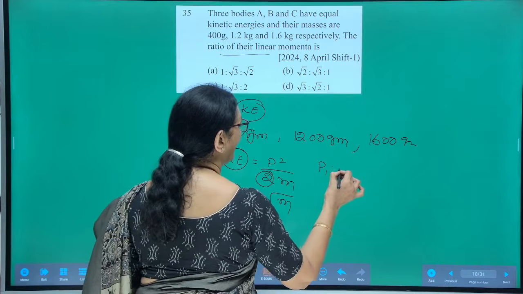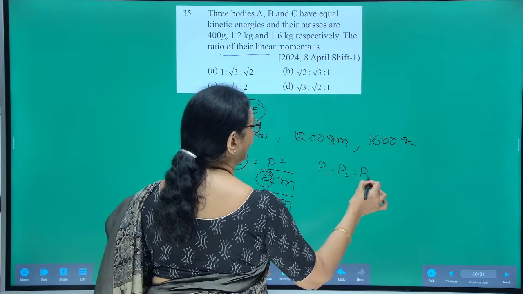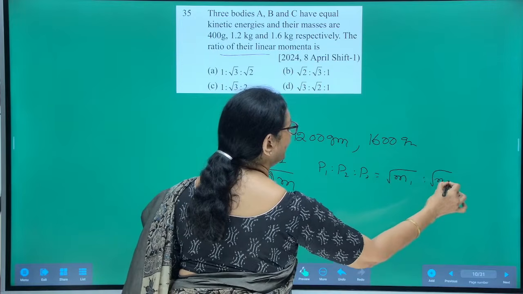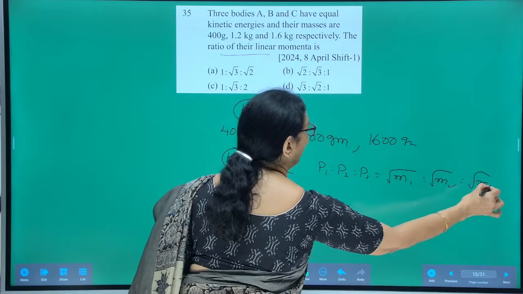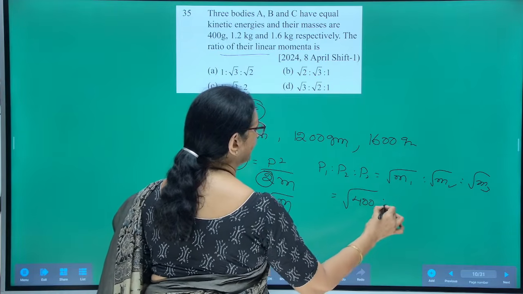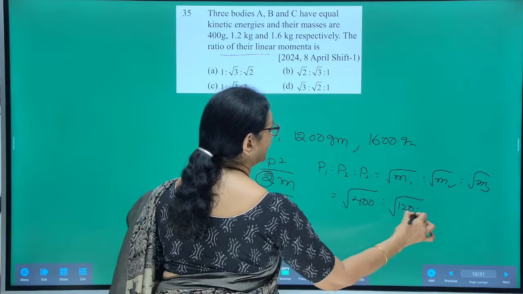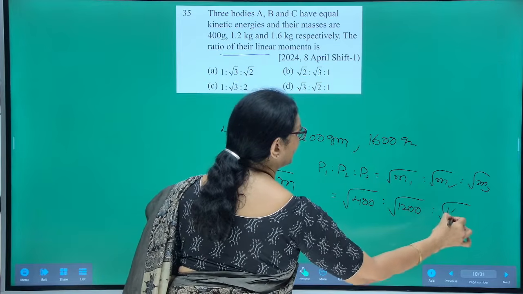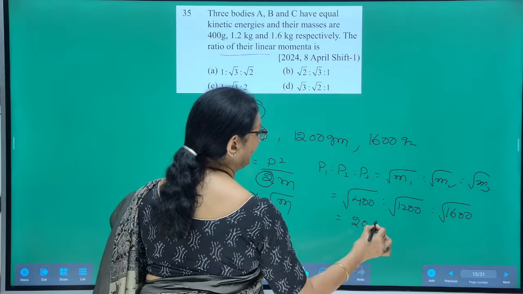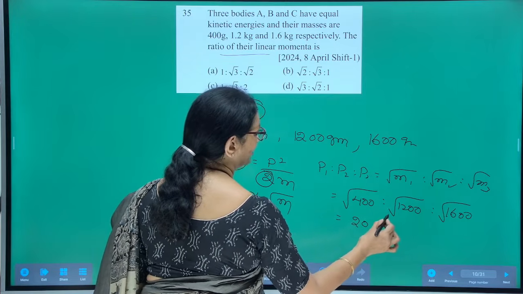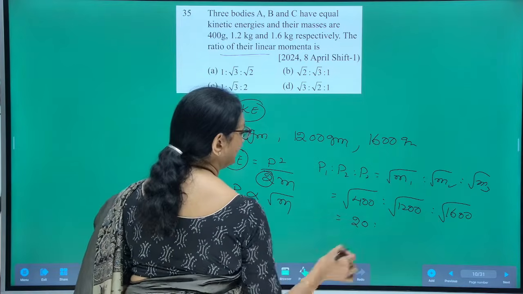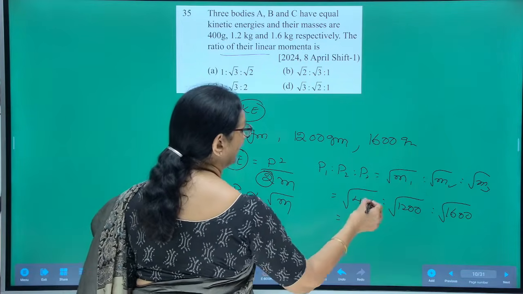So, P proportional to root m. So, P1 is to P2 is to P3 is root m1 is to root m2 is to root m3. This is root 400, root 1200, root 1600. Actually you can take the hundreds as common factor.